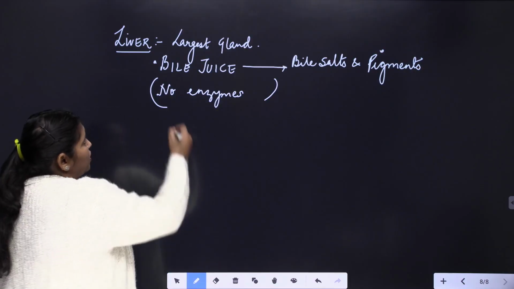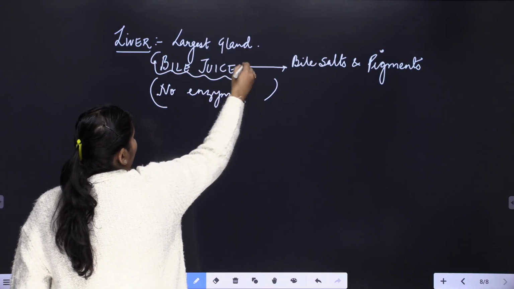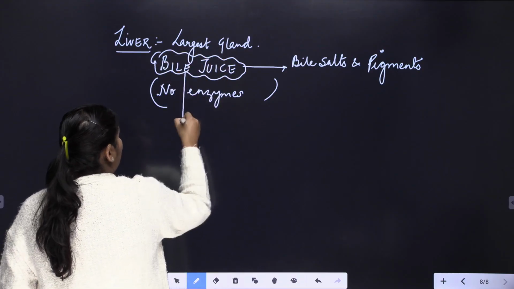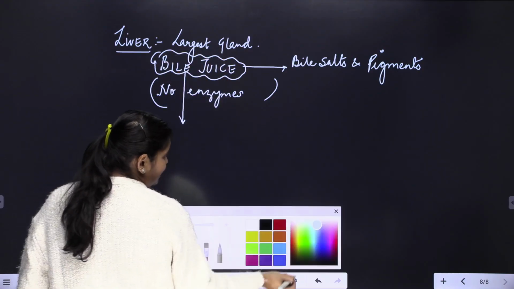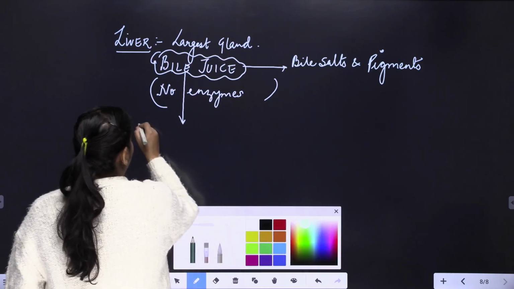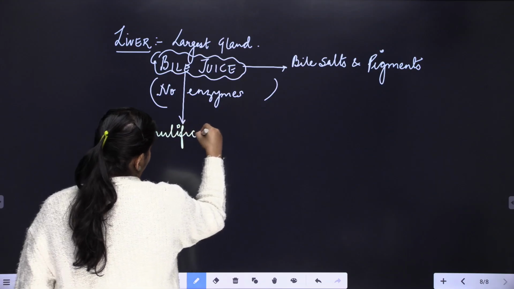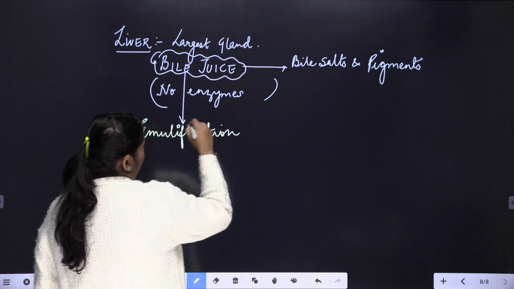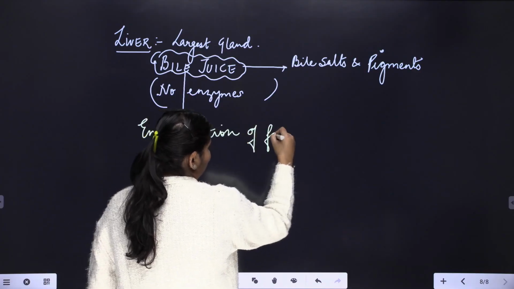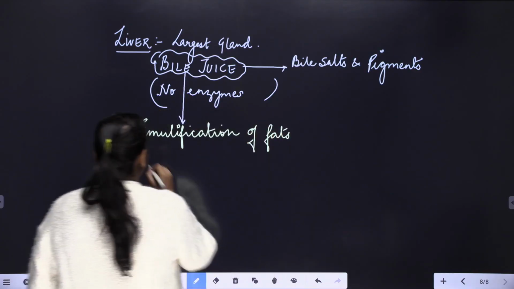Now what is this bile juice doing? Bile juice is responsible for a very, very essential step, and that is known as emulsification of fats. I will take up this term.